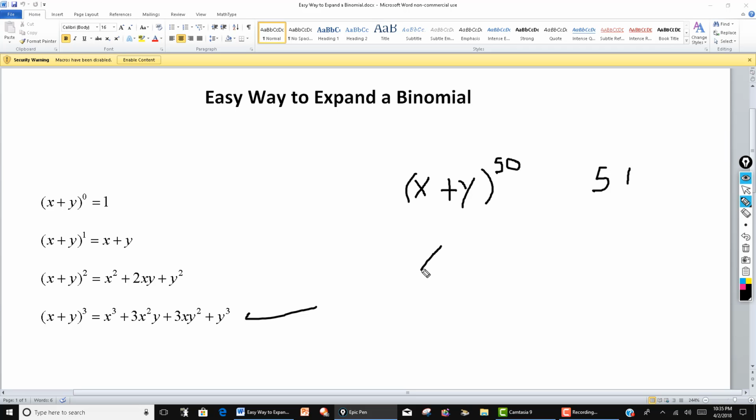And just by inspection, I know that the first term is this first one taken to that power. I know that the last term, or the 51st term, is y taken to that power. Y to the 50. And then we can fill in the rest. But that's one thing you know, just by inspection. You should know those things.